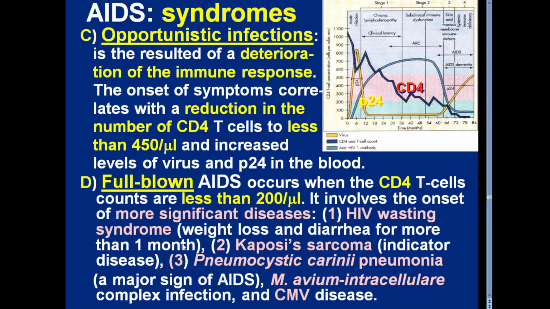Kaposi sarcoma is an indicator disease, a vessel tumor. Pneumocystis pneumonia is a major feature of AIDS. Mycobacterium avium intracellulare complex infection and cytomegalovirus infection. These diseases are called marker or labeled diseases for HIV patients.